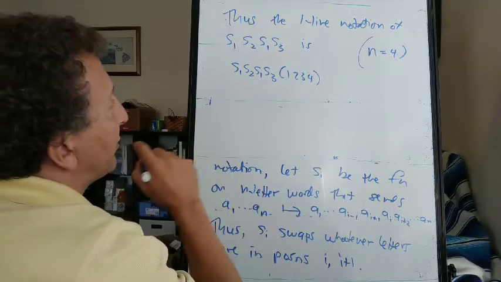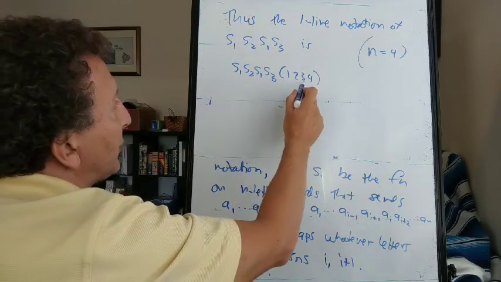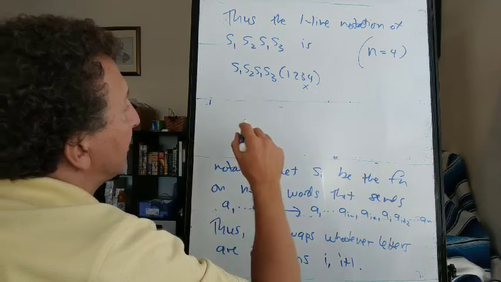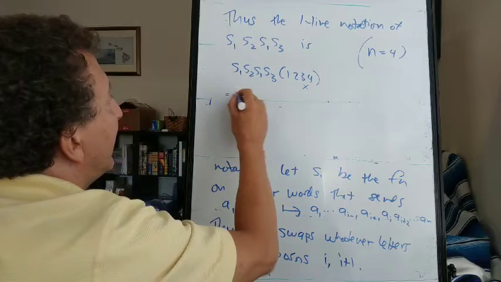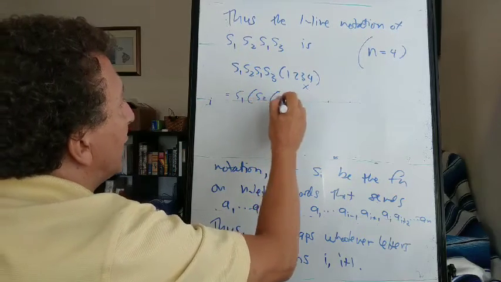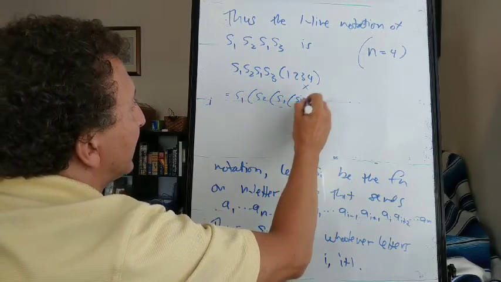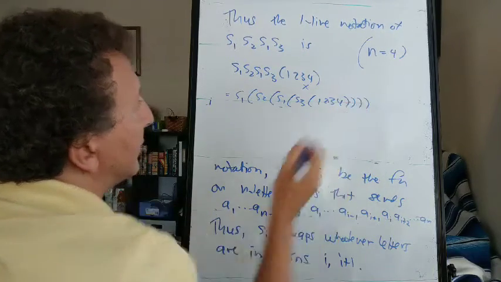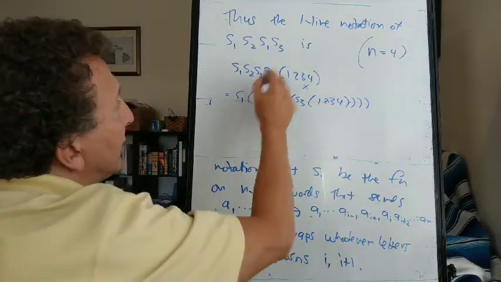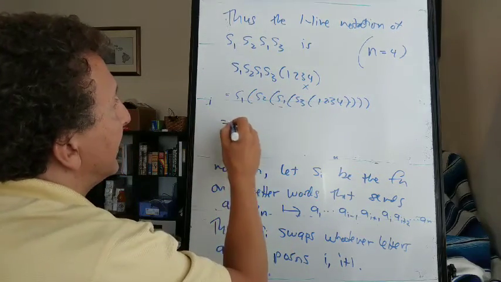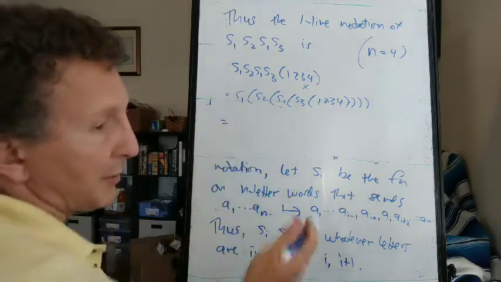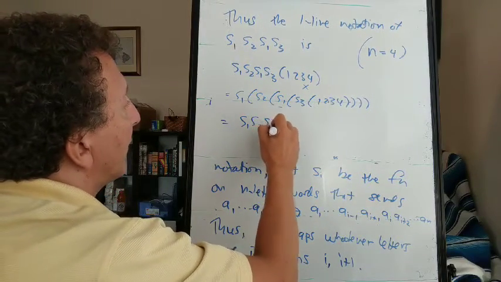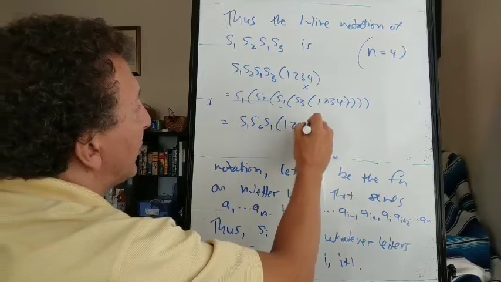So apply that to 1, 2, 3, 4. S3 swaps what it sees in the last two positions. So we think of this as s1 of s2 of s1 of s3 of 1, 2, 3, 4. So s3 swaps the things in positions 3 and 4, which happen to be letters 3 and 4. So we've got 1, 2, 4, 3.